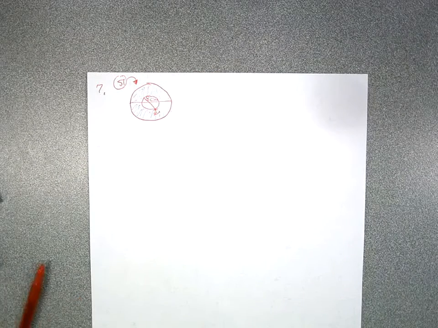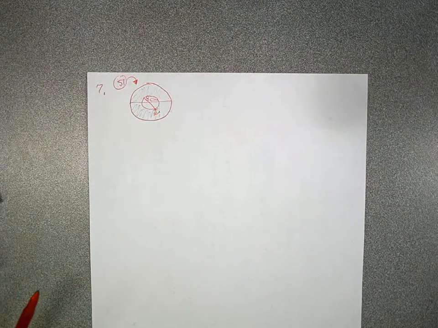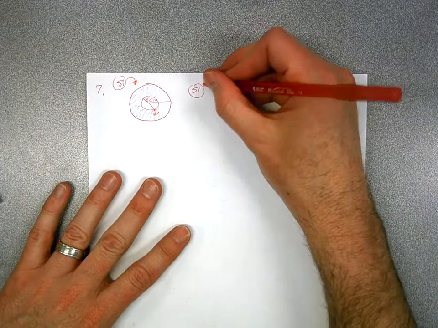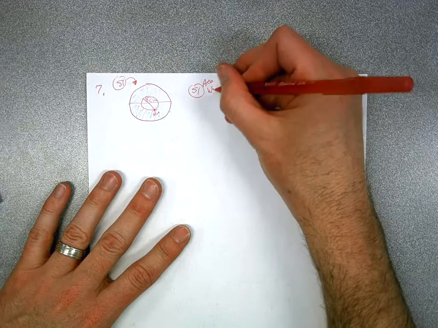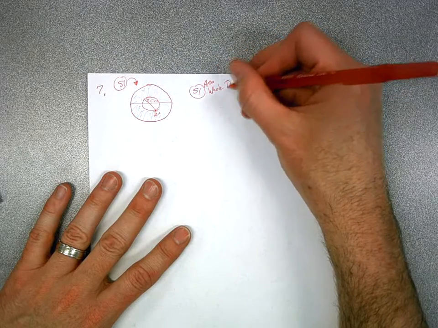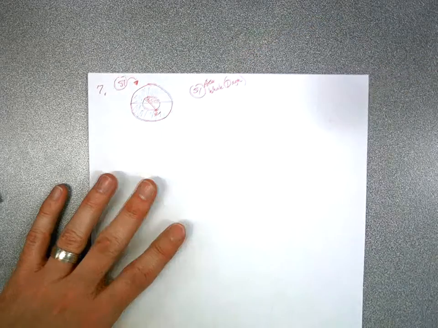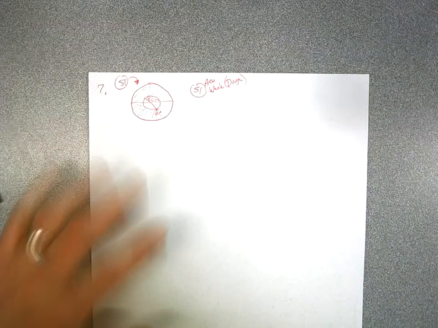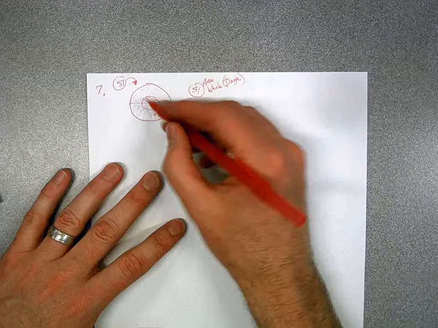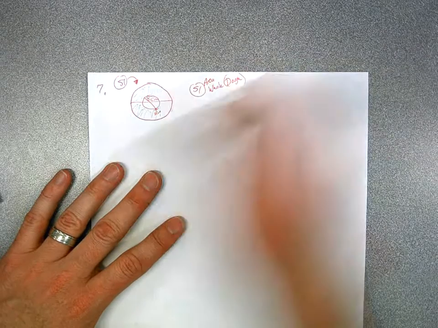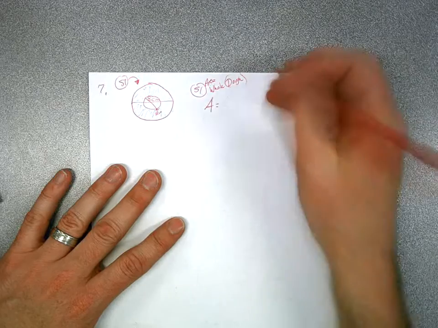Okay. So here's what we're going to do. Step one, we're going to find the area of the whole donut, or in this particular case, of the dough. Remember, this is the dough here, and it originally was 8 centimeters in diameter. So area equals pi r squared.